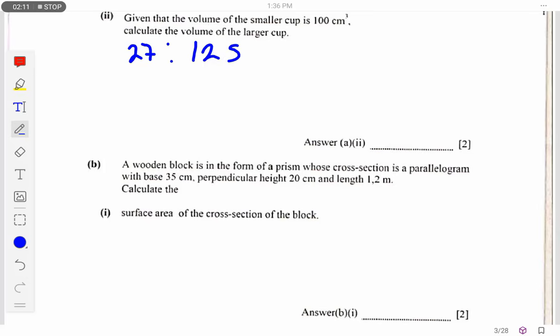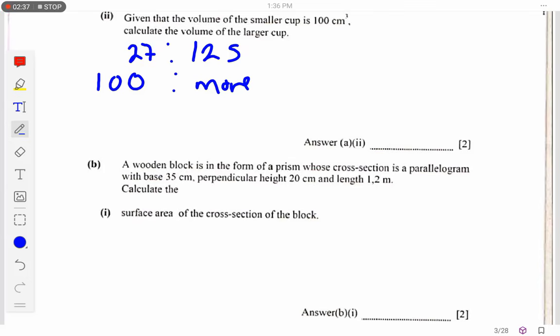Okay, so when we have it like that, we also use our ratio that we are given. For the smaller, they said it's 100 cubic centimeters. As to how much here, for the larger, it's going to be more. So when it's more, you put the more on top over the less there.